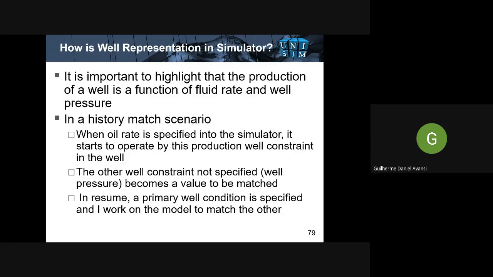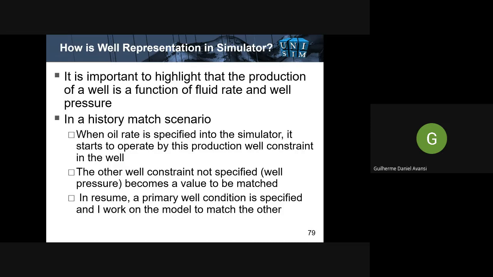So this is the information that we are talking about when we have this reservoir simulation model and we have the information from the historical data. So how do we use this information in the reservoir simulation model? We have three conditions. When we have the oil rate, we specify the information as a well constraint.